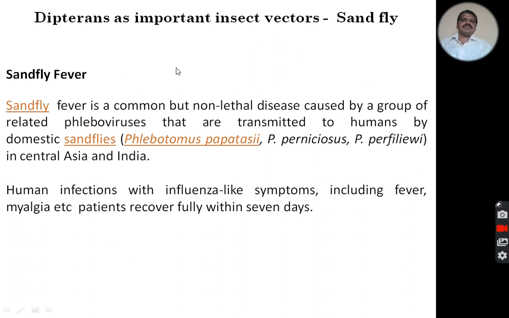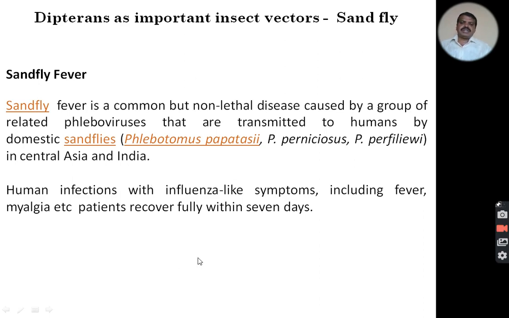Sandfly fever is usually caused by sandflies. It is a common but not a lethal disease, caused by a group of related phleboviruses that are transmitted to human beings by domestic sandflies, that is Phlebotomus papatasi, Phlebotomus perniciosus, and Phlebotomus parvifiliatus in Central Asia and India.